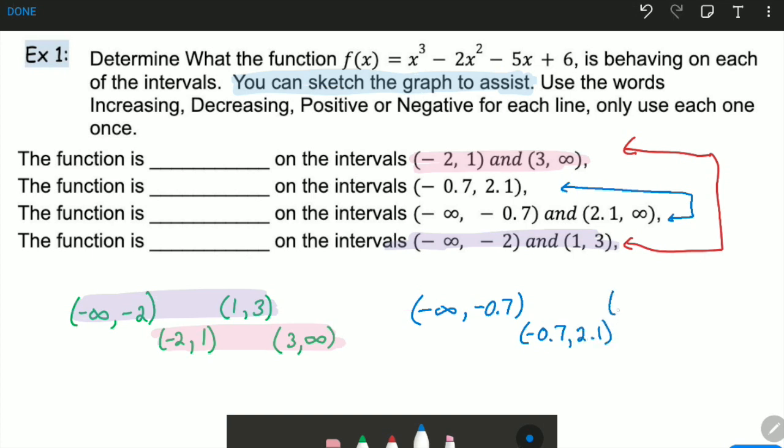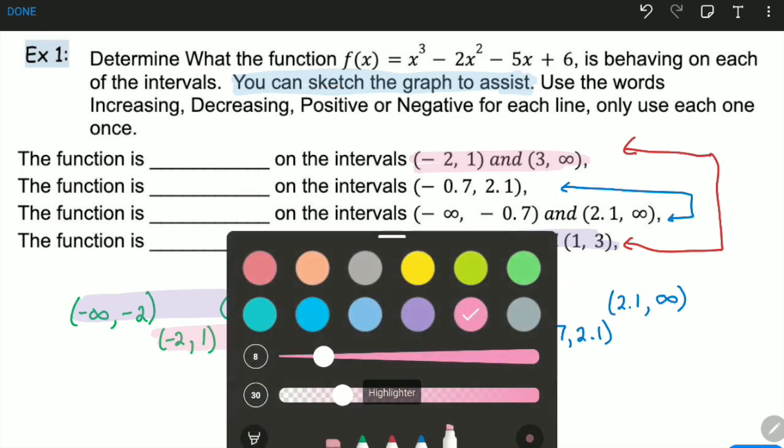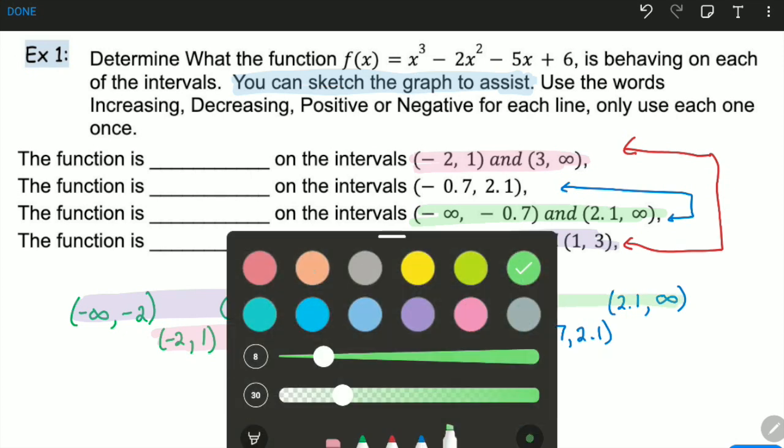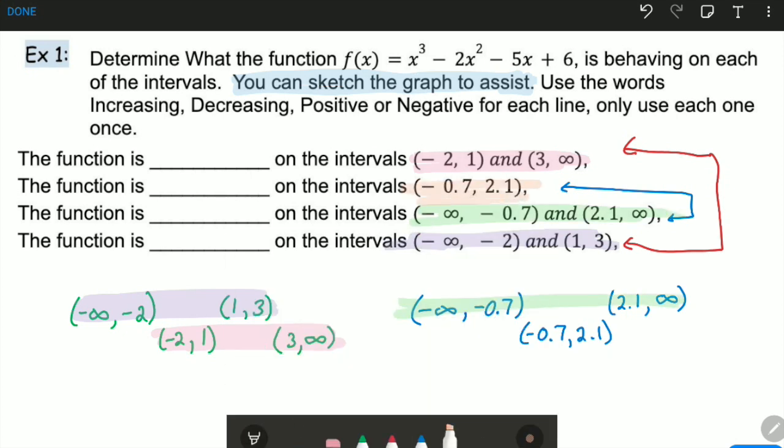And we have 2.1 to infinity. And I'll do again some shading just to emphasize which is which. Okay, that's that one. Okay, and there is the last one.